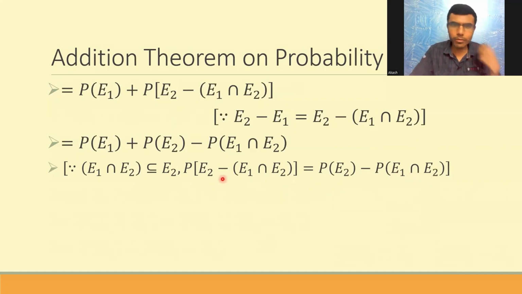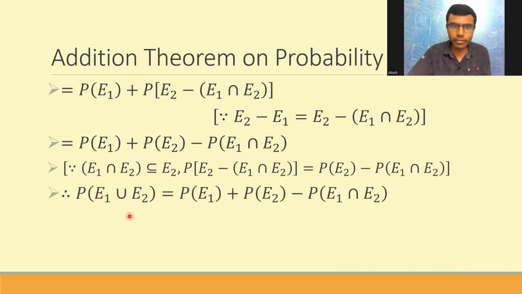It's already proved. You can just use it as a reference like this. You can state this reason and say that this is valid, and that's it. Our work is done: P of E1 plus P of E2 minus P of E1 intersection E2. Therefore, P of E1 union E2 is nothing but P of E1 plus P of E2 minus P of E1 intersection E2. That's it.